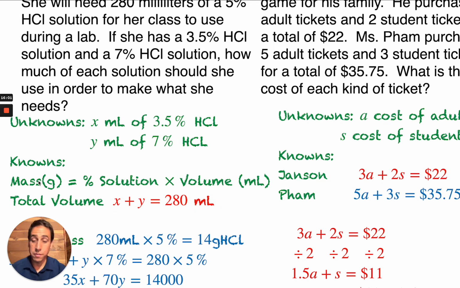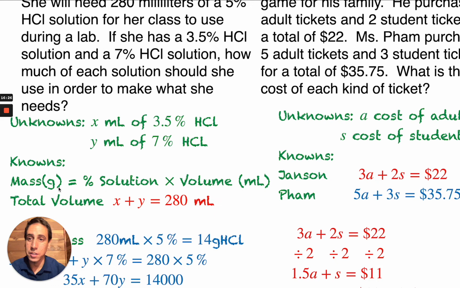If you wanted to reverse the process, you could take the solution and boil it for a while, and all the water leaves off in steam, and then you're left with just this solid mass, like you would if you had sugar water or salt water. Eventually it would just be coating the glass in salt or sugar, in this case HCl. So that's how you can think of the mass of hydrochloric solid inside of a solution.